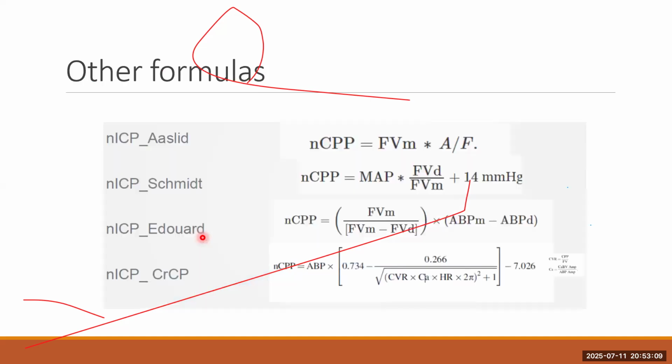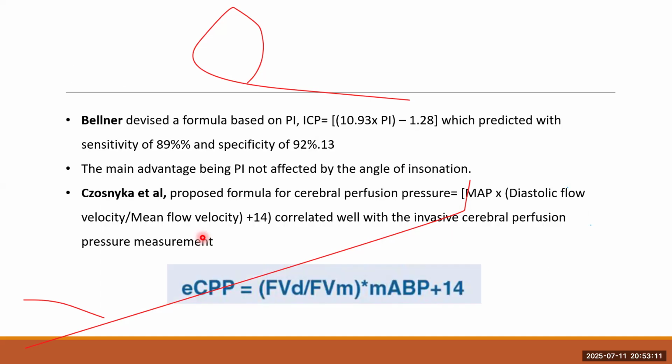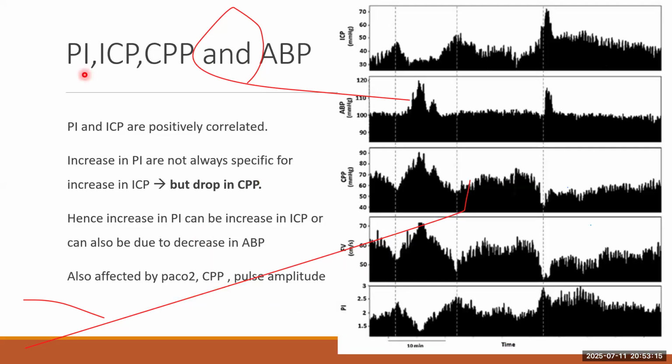There are various other formulas, but these two most commonly we need to remember. So this is the relationship between the PI, ICP, cerebral perfusion pressure, and the arterial blood pressure. So what we need to remember is increase in PI is not always specific for increasing ICP, but also a drop in the cerebral perfusion pressure can lead to increase in the PI.